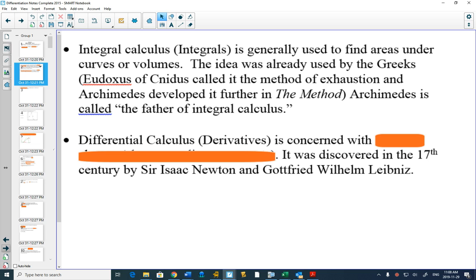Differential calculus with derivatives, that's looking at rates of change, different kind of slopes of tangent lines, and it's discovered in the 17th century, and it's usually associated to two people, Newton and Leibniz. They both discovered it independently, but not necessarily in the same year.